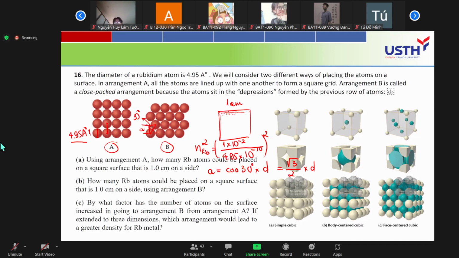If you set the arrangement into a 1 centimeter square, the number of rubidium in arrangement B will be 1 multiplied by 10 to the power minus 2 divided by A, with A changed into meters, and the number of rubidium on that square will be that value squared.